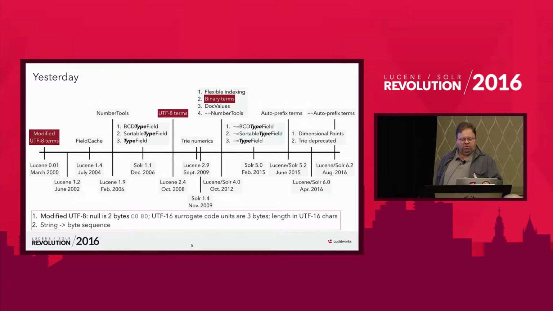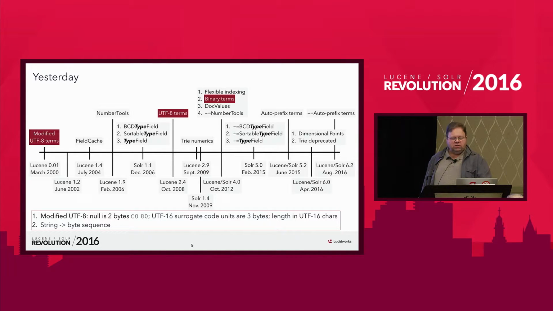Something that's not part of modified UTF-8 exactly, but the way that it's intended to be used, is that counts are in code units. That's UTF-16 chars, and so when you have a length in something that's not exactly the number of bytes, that can cause problems and trigger bugs, that sort of thing.